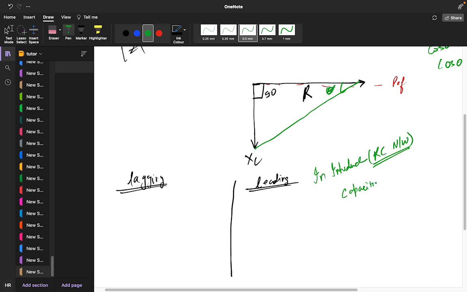Resistor lags or leads? What will you guys say, whether it lags or leads?